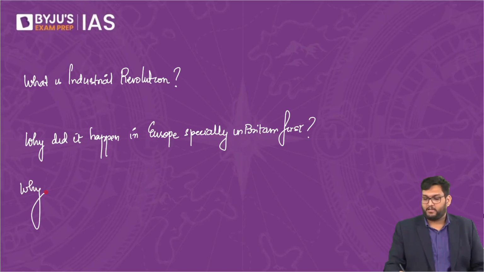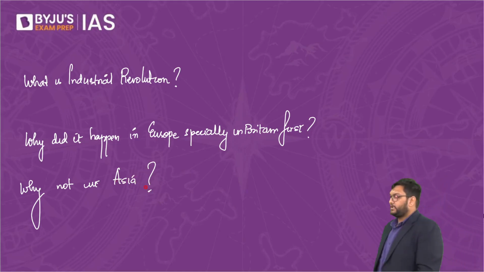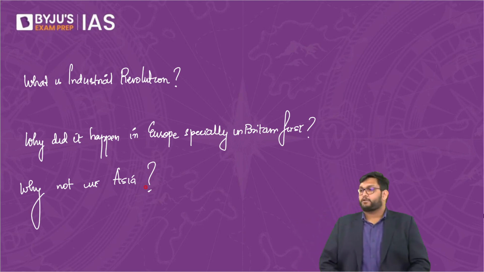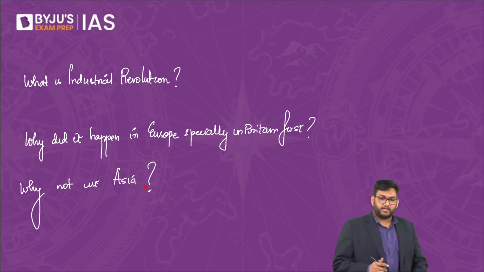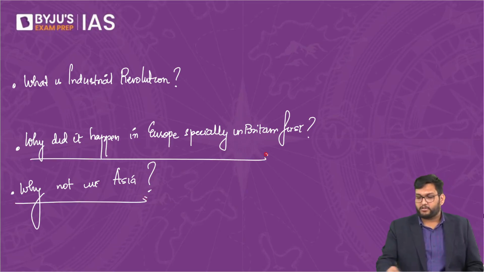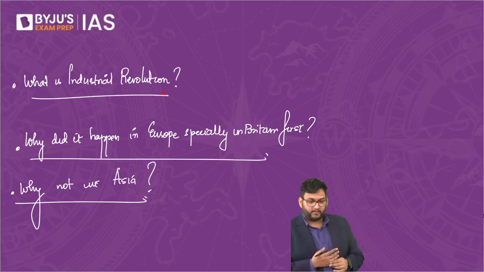And why not in Asia? Why did the Industrial Revolution not happen in Asia? This is a very important question we need to understand. What is Industrial Revolution? Why did it happen in Europe, specifically in Britain first? Why not in Asia? There are 3 questions which we need to understand.